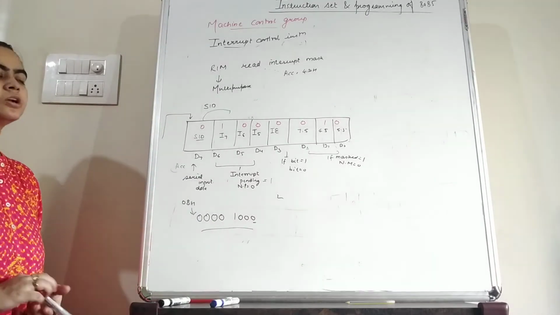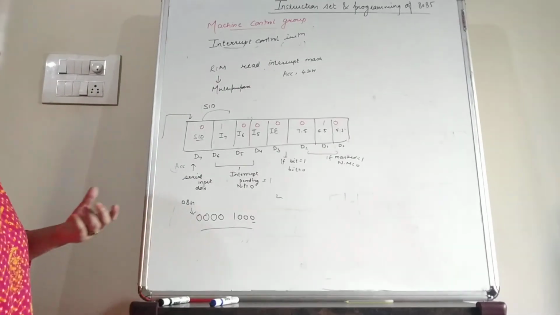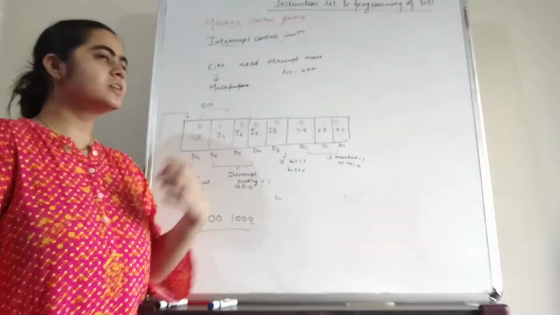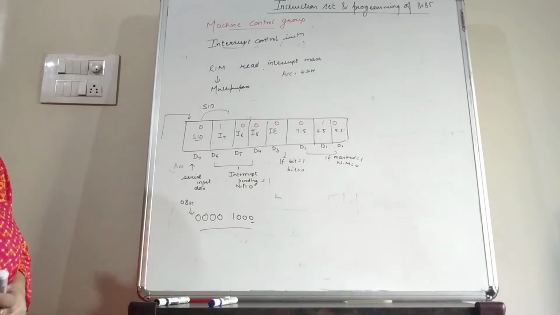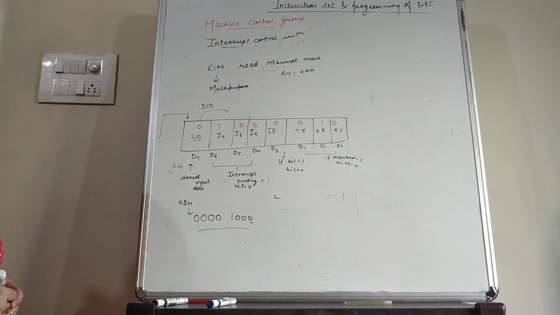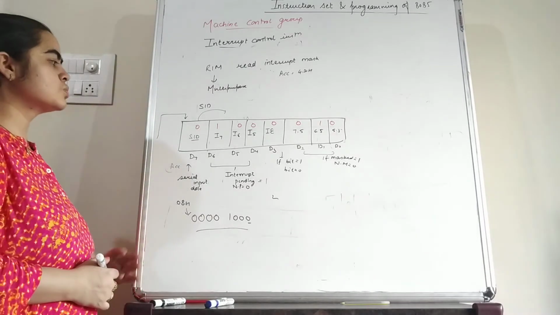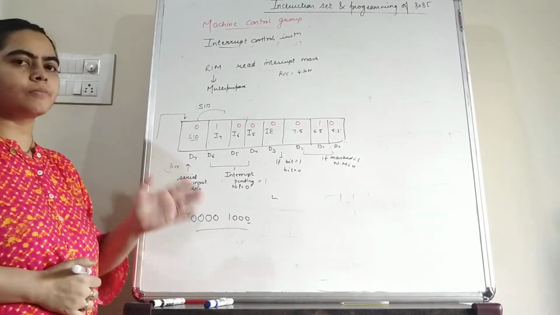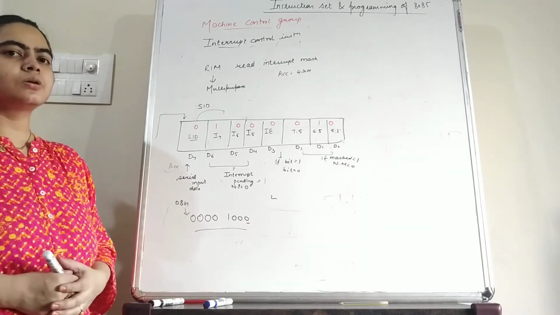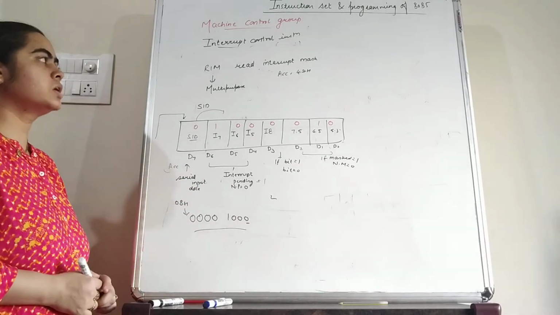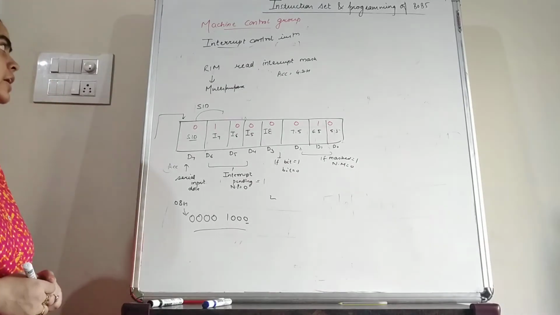That's why that bit is equal to 1. So if these are masked, then we set equal to 1, and if non-masked, then we set equal to 0. So this is the RIM instruction, which is used for serial communication from the peripheral devices to the microprocessor, as well as to read the status of the interrupts.